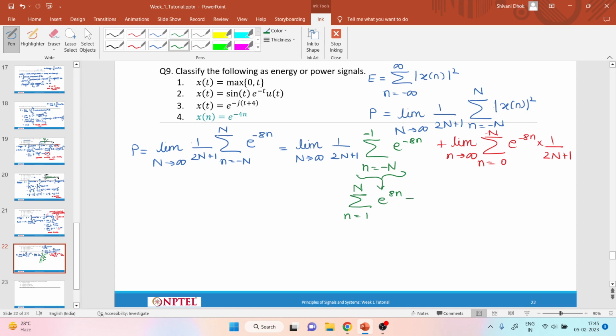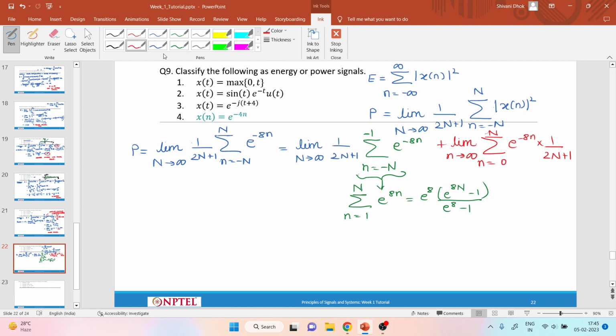This is a geometric progression and it is a finite one. So it will be e power 8, that is the first term, into e power 8n minus 1 upon e power 8 minus 1.